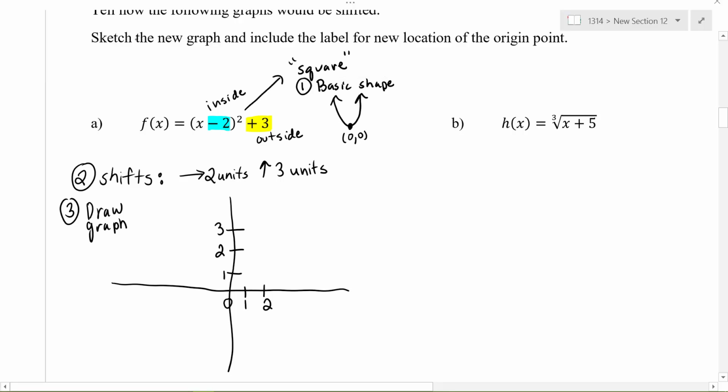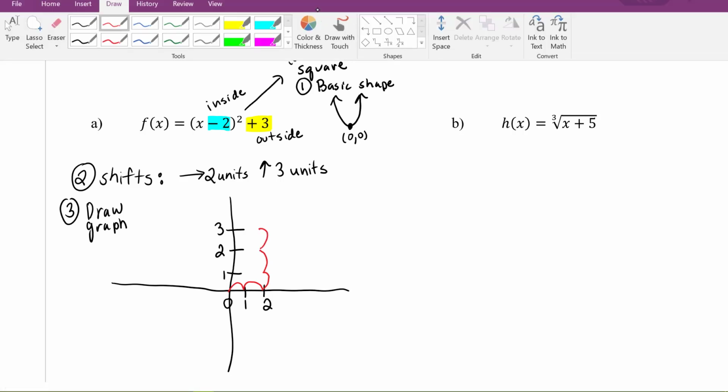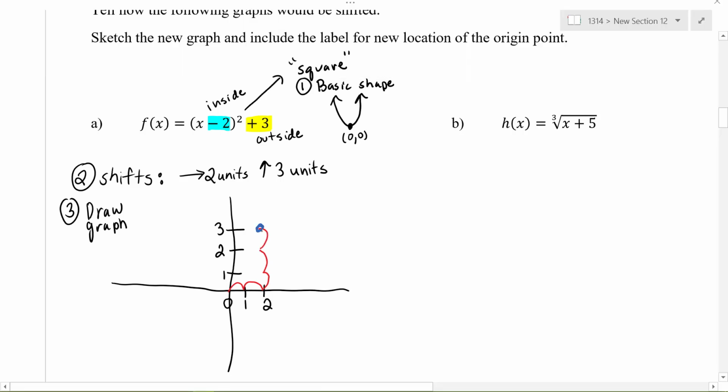So we're going to start at the origin, go to the right 2 units, and then go up 1, 2, 3 units, and then we're going to plot our point. Now what I want you to be able to do is to label that point with the correct x and y labeling. That's an x value of 2 and a y value of 3.